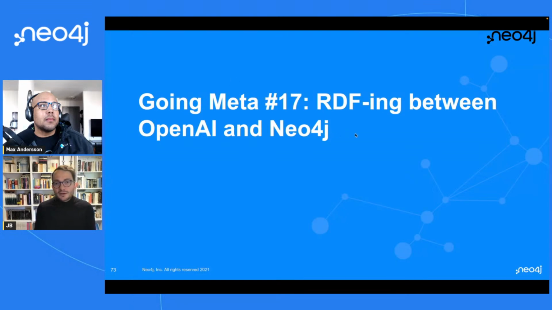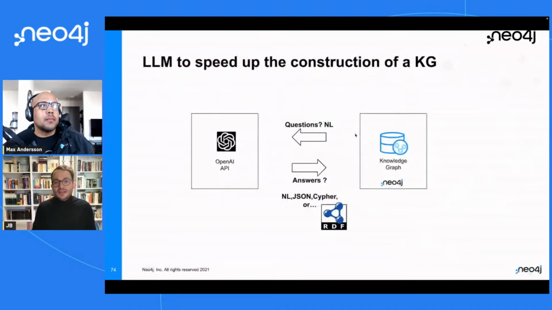So we want to accelerate the creation of a knowledge graph in Neo4j by getting data from OpenAI, from the API. And the idea, as we know, is we interact with these APIs using natural language, right? So our questions are going to be natural language, but we're going to see what type of answers we can get.